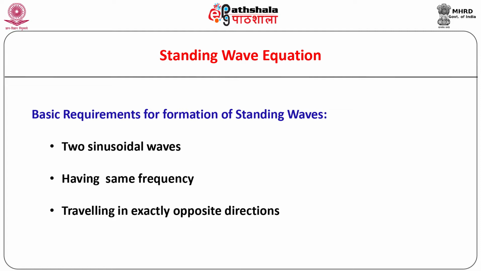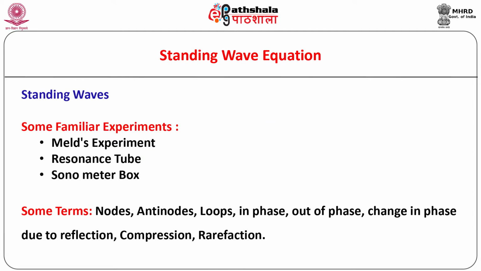We can have a list of several characteristic features of standing waves, some of which are as shown. Melde's experiment is a well familiar example to know about the features of standing waves.